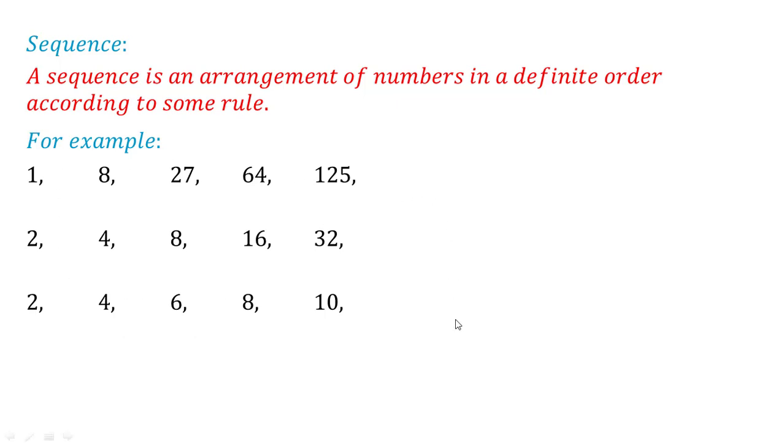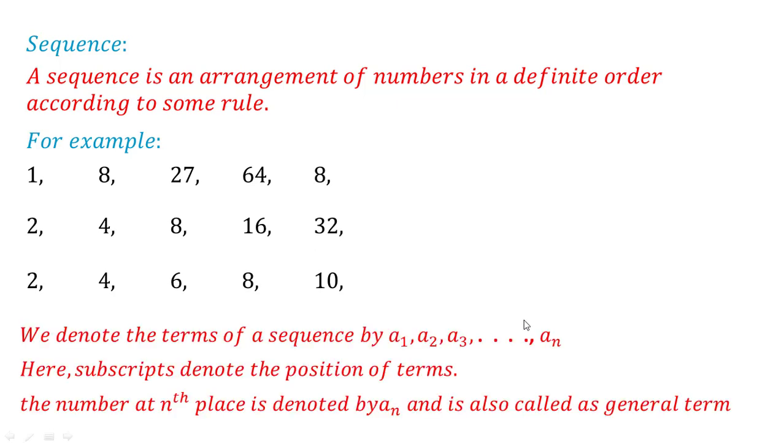Now let us understand what we mean by terms. Here we can see A1, A2, A3. These are the terms. Here this first term we call A, or A1 you say, this is A2, A3, A4 and so on.